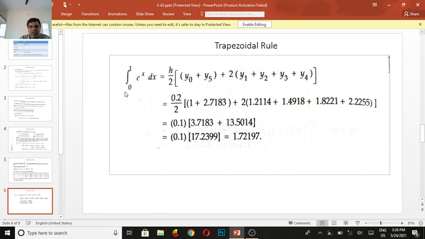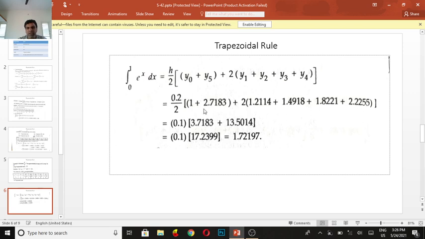The trapezoidal integral from 0 to 1 of e power x dx is h by 2 of y0 plus y5 plus 2 times of y1 plus y2 plus y3 plus y4. Substituting all the values, h is 0.2. So 0.2 divided by 2 of y0 is 1 plus y5 is 2.7183, plus 2 times of y1 is 1.2114 plus y2 is 1.4918 plus y3 is 1.8221 plus y4 is 2.2255.